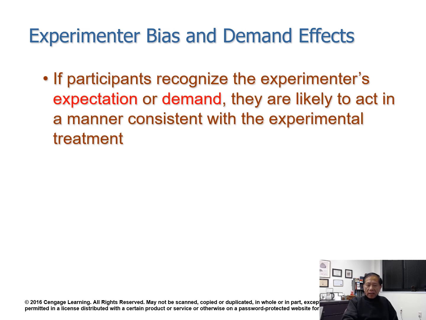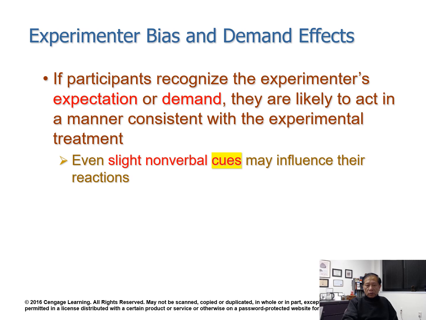Experimental bias and demand effects. If participants recognize the experimenter's expectation or demand, they're likely to act in a manner consistent with the experimental treatment. So that's not good, right? It's a bias effect, right? It's no good. So even slight nonverbal cues may influence their reactions.